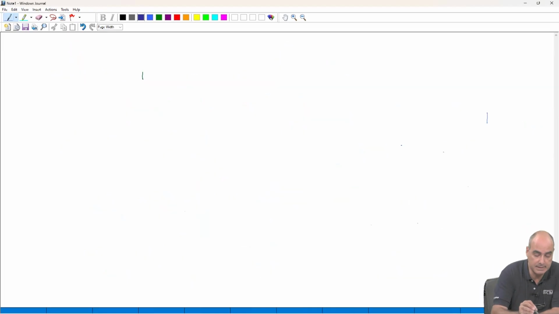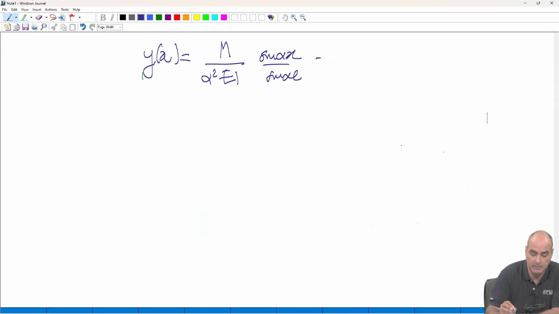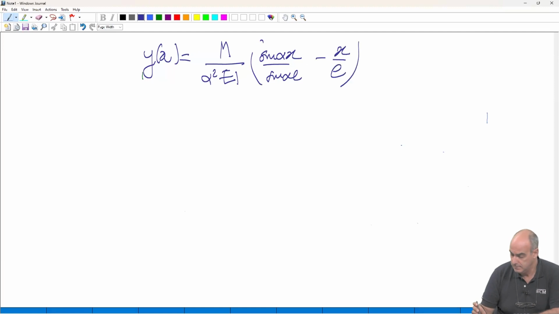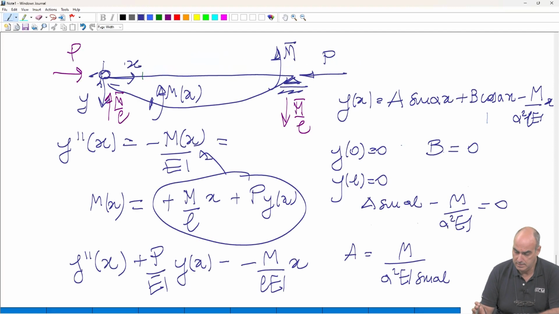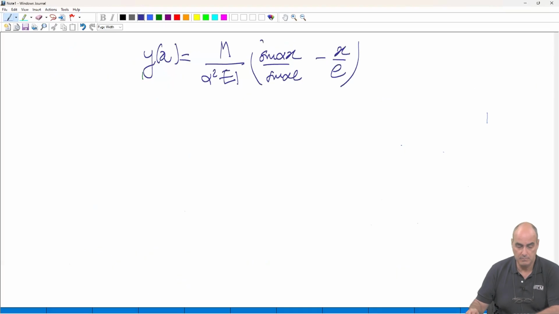Which also means that I can write m over α² EJ sin(αx) divided by sin(αL). I think it's minus x over L. And I do like that. Yes. Very, very easy.